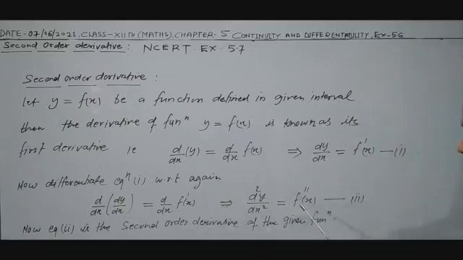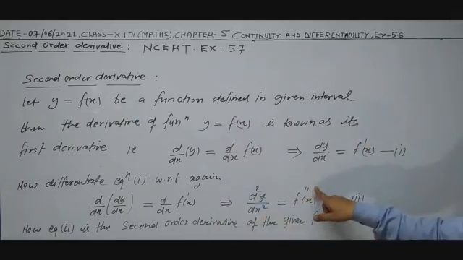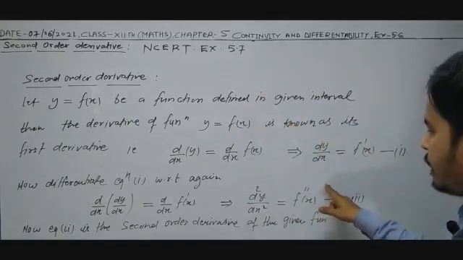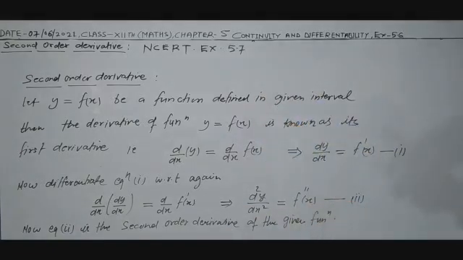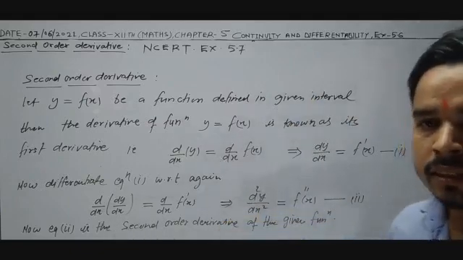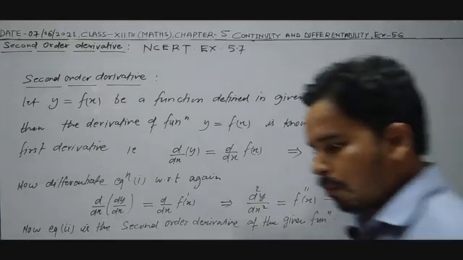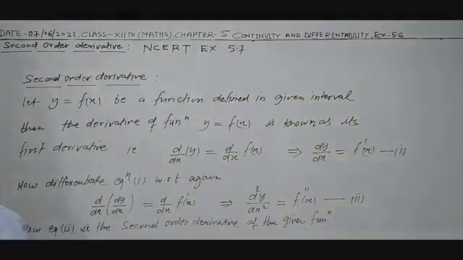Double dash denotes the second order derivative, as the function is differentiated 2 times. Differentiating again gives the third order derivative. Similarly, you can differentiate first order, second order, third order, and so on.